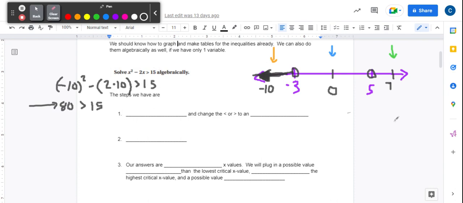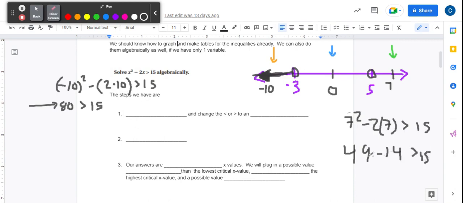So we have 7 squared minus 2 times 7 greater than 15, that was our original inequality. 7 squared is 49, 2 times 7 is 14, and 49 minus 14 is 35. 35 is greater than 15, so we can shade this part of the graph in as well.